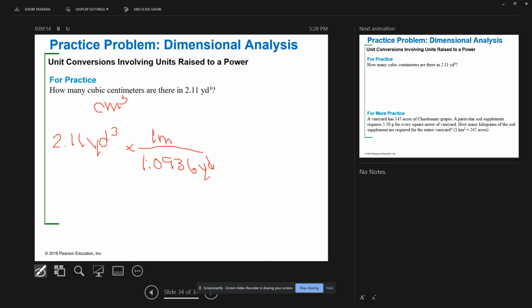But this is yards cubed. So when we have this, we can still use that ratio, but we're going to have to cube it. Because then it'll be meters cubed over yards cubed. So then the yards cubed will cancel. So then I can still go from meters to centimeters using my same ratio, and to cube it, I'm just going to have to cube it.